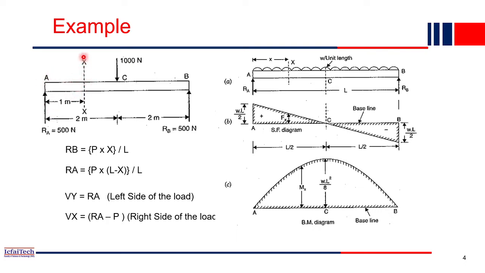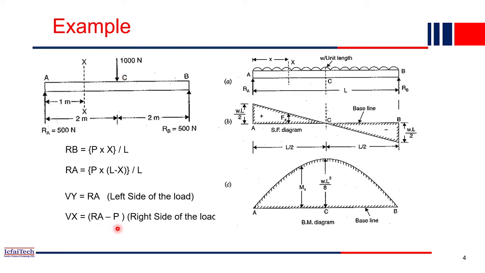Now consider this section at this point. In the first case we have written that the shear force at this section will be simply RA. Now if we consider a section after the concentrated load, then considering the left hand side, we have two forces: RA acting upward and the P load, the 1000 Newton load, acting downward.